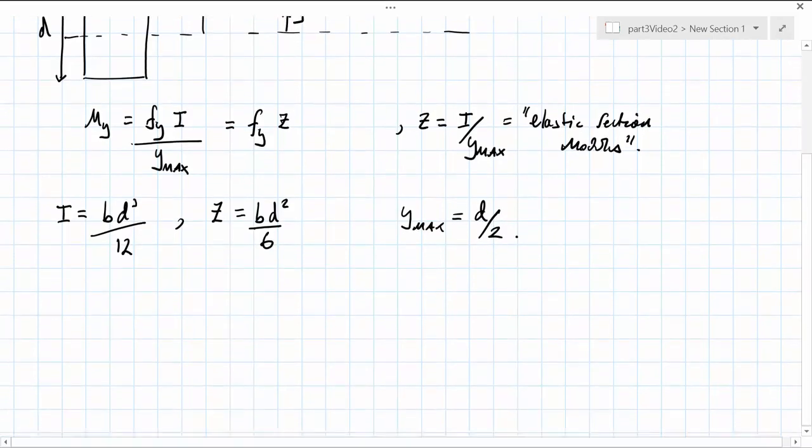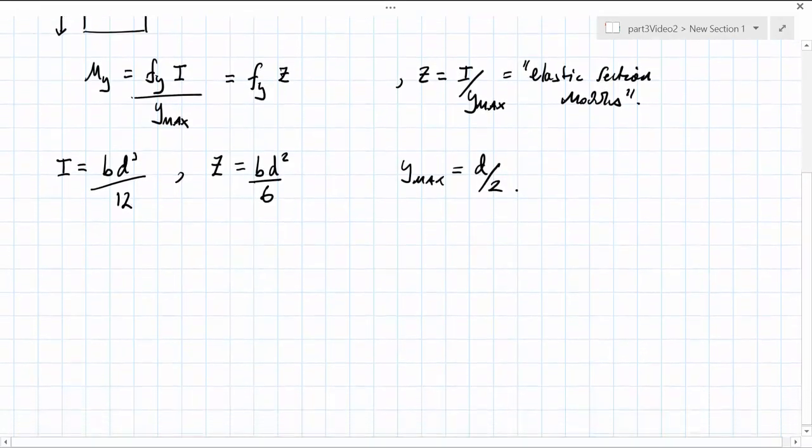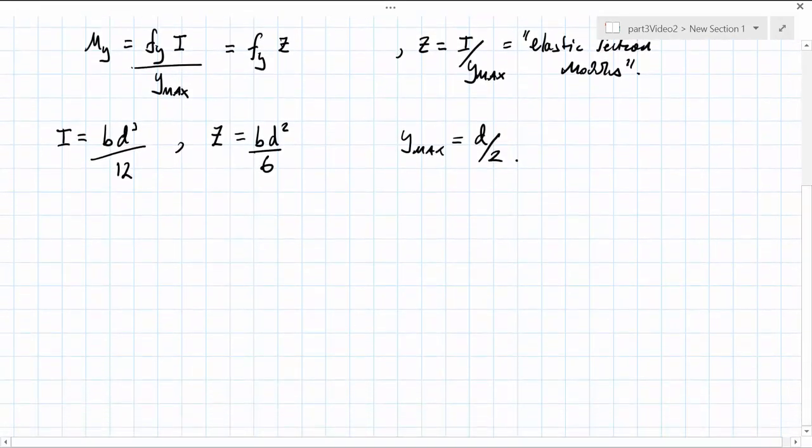In order to relate the yield strain to the yield curvature, we draw the strain distribution for the cross-section as shown.